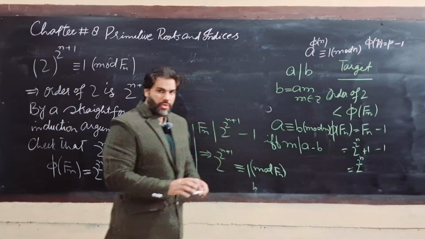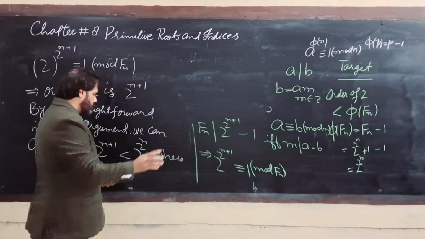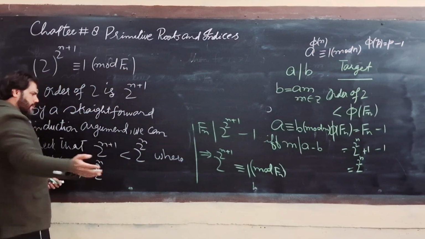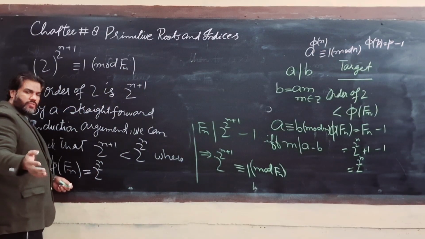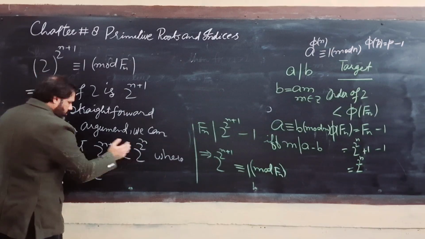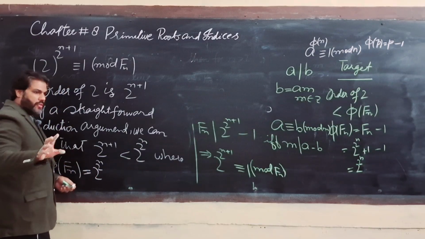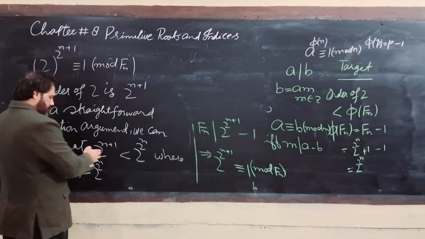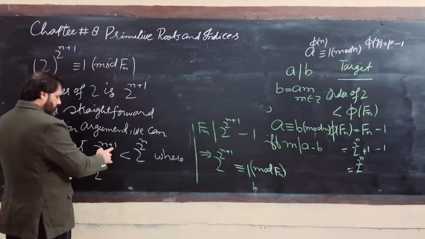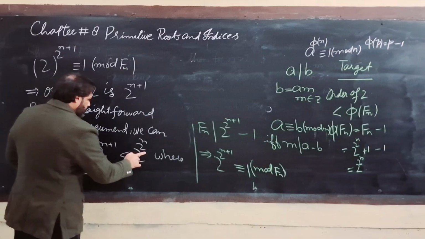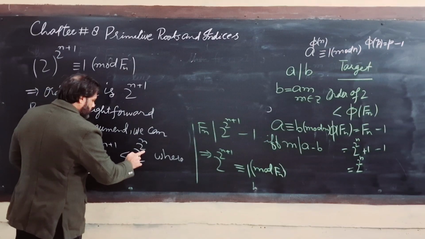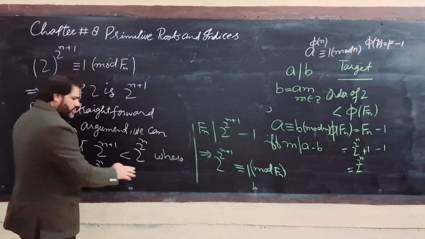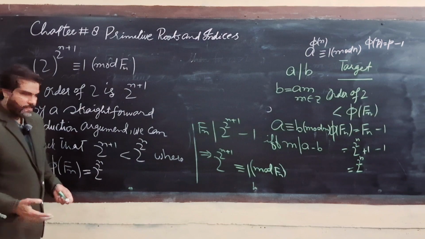So for the order of 2, you can verify this. If you take n equal to 1, then both left and right are equal. But here n is greater than 1. When we put n equal to 2, the left side gives 2 raised to power 3, that is 8, and the right side gives 2 raised to power 4, 16. 8 is less than 16, this is clear.